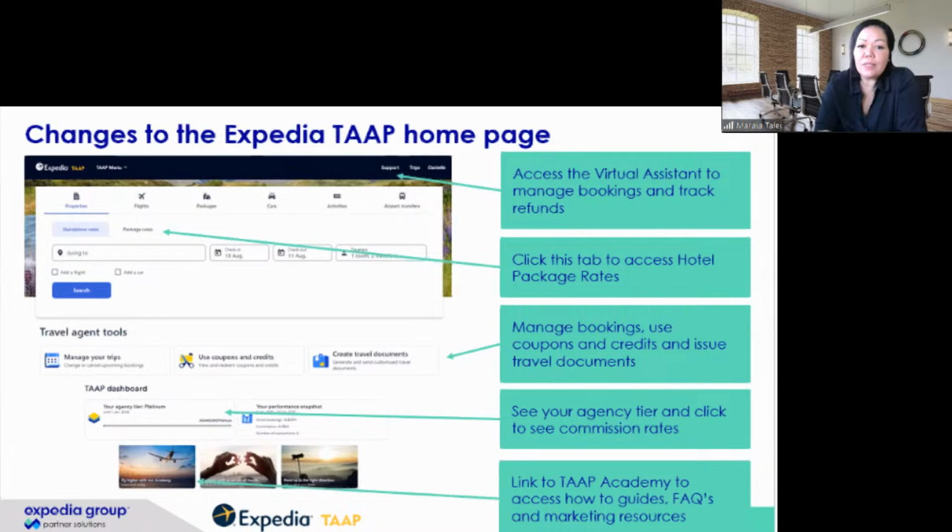There is no need to use the menus anymore, although you can still, if you want to, click to access your agency tier, the dashboard to see the commission levels under reports. And you can also link directly to our TAAP Academy, which is in the drop-down TAAP menu. And this gives you access to the agent resource websites with guides.